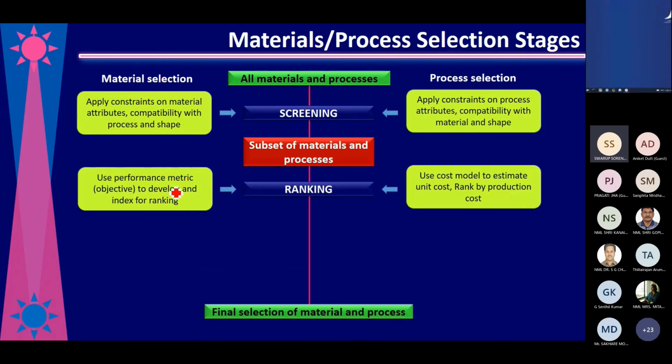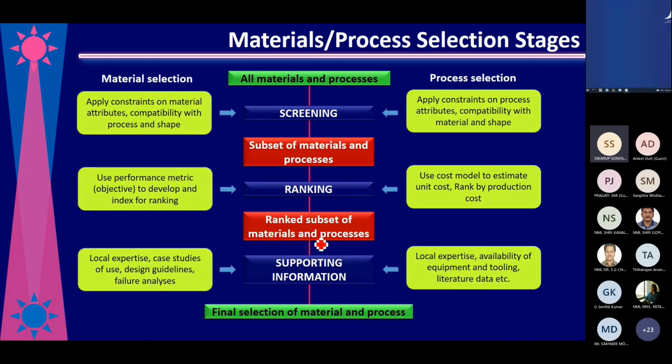Means now from those subset data, you see the objective and develop an index for ranking, as I showed the material index. Similarly, we have process indexes also, and based on those, we rank different materials and processes for our application. Once we rank them, then again we end up with some kind of subset of materials and processes.